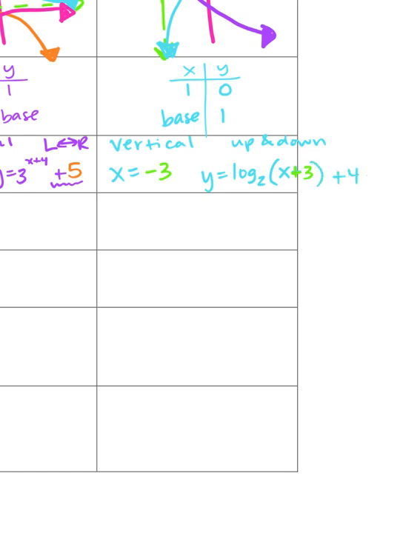We know that the plus 3 is going to be our vertical asymptote, because our standard asymptote would be x equals 0, and that plus 3 tells us to move it 3 places to the left over to -3.